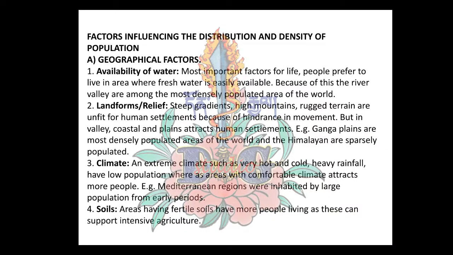These are some of the geographical factors that affect the uneven distribution of population in different parts of the world. This picture shows rugged and high mountains. In these types of places, generally few or no people are living.